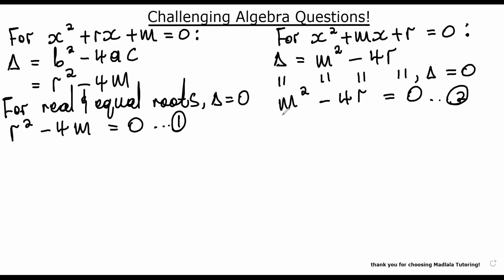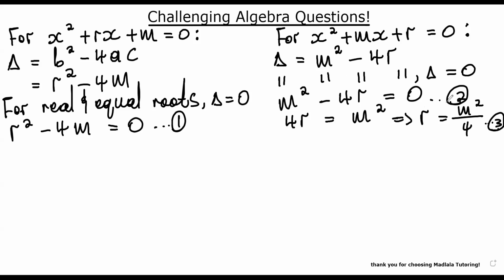Well, from this equation, I'm just going to take this one to the right-hand side. So I find that my 4r will be equal to m squared, which means every time I see r, I actually see m squared divided by 4. And I can call this my third equation.